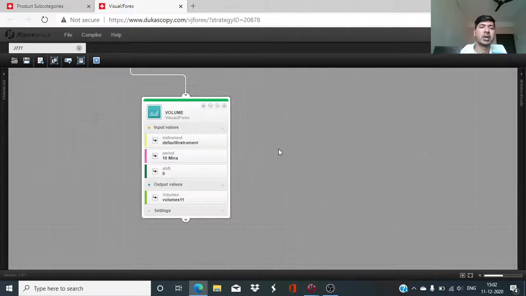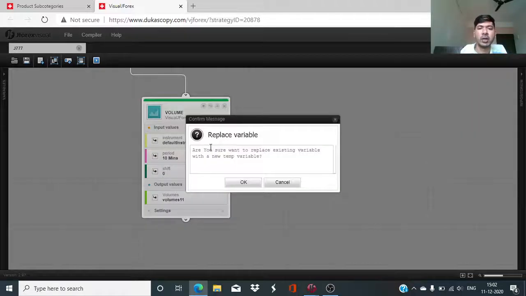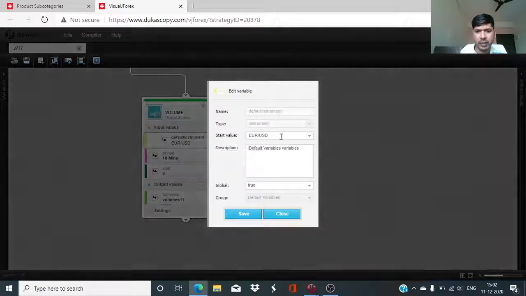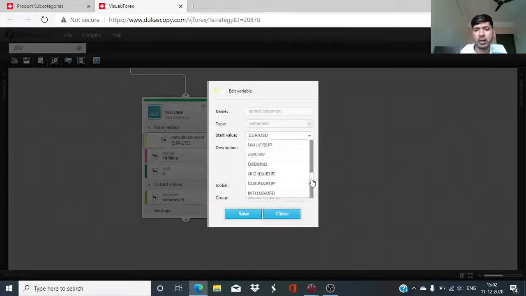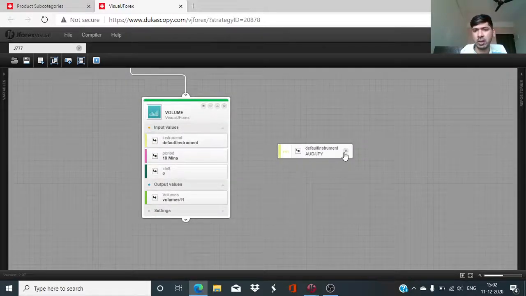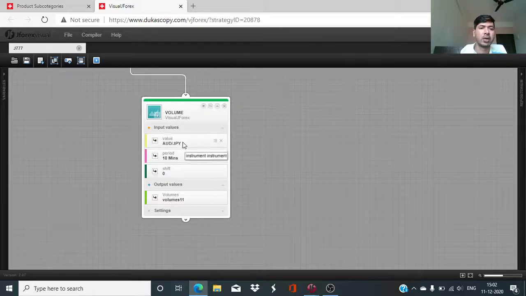If you want to change the instrument, all you have to do is go for this listed instruments, and all these supported instruments are listed here. So any of the instruments can be taken. For example, we will change the instrument to AUD JPY. The AUD JPY is now the instrument of our choice for today's session.